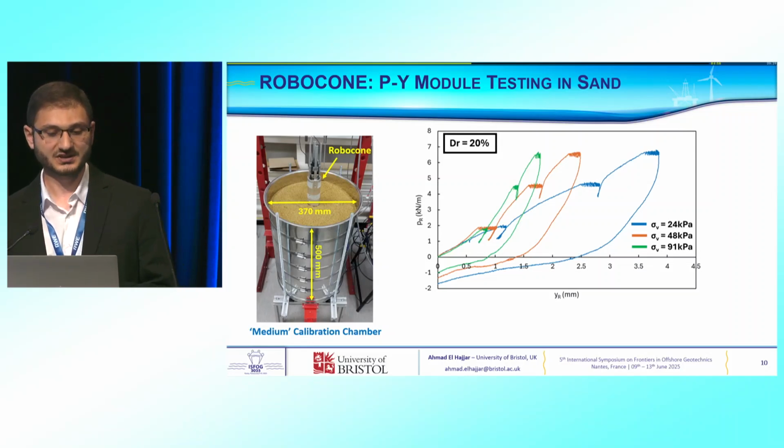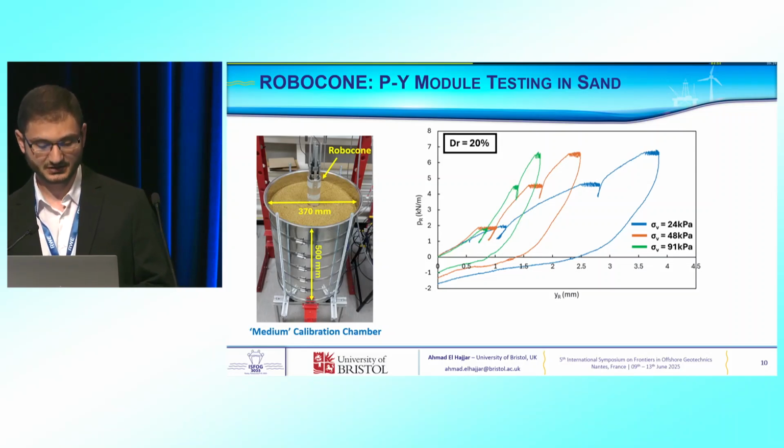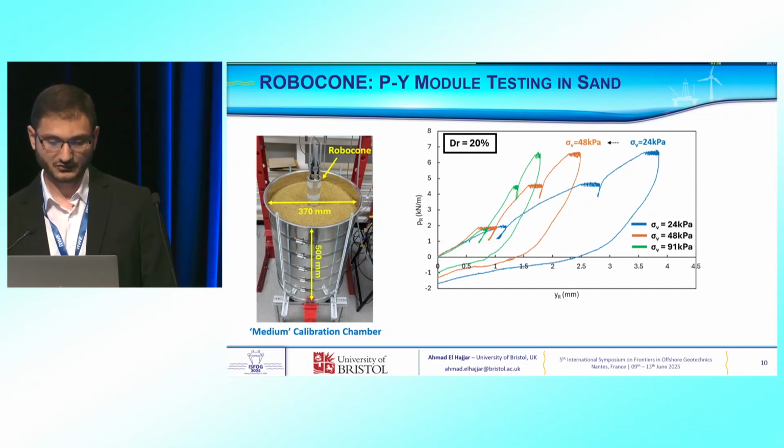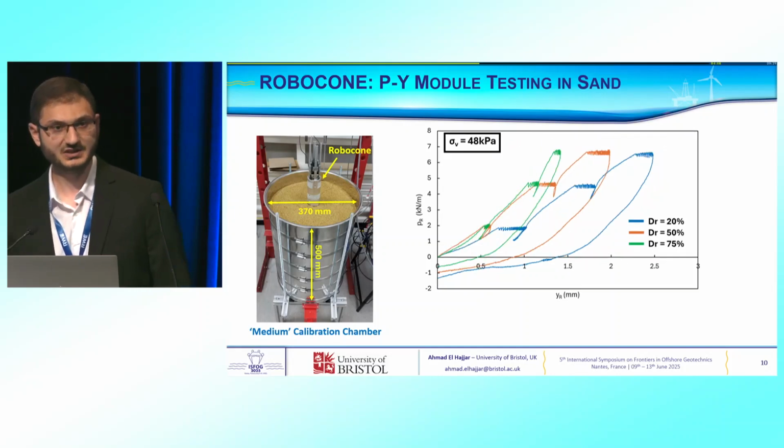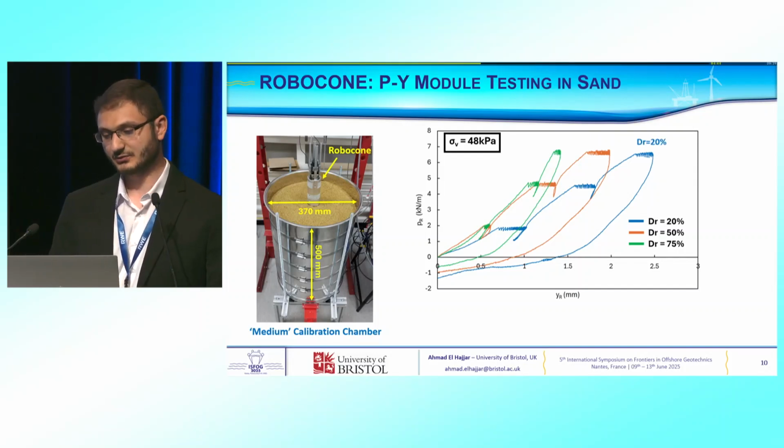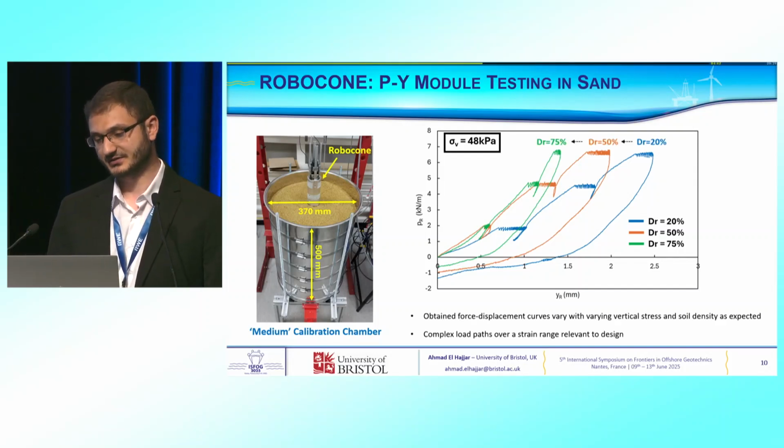So we did few tests at a relative density of 20%, and we can see how it's evolving by increasing the vertical stress. And for the same vertical stress, we tried also different relative density.